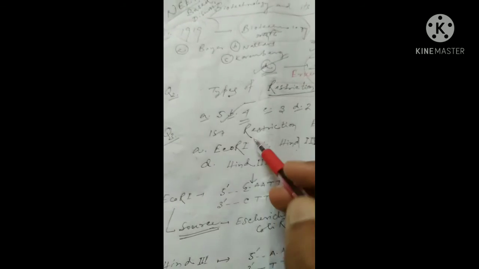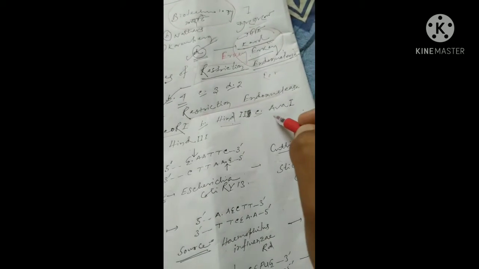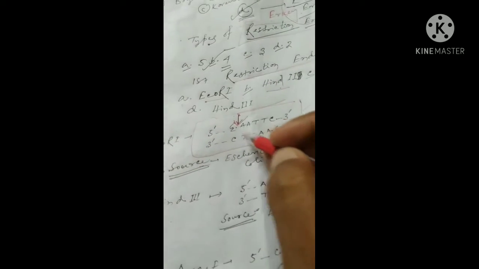So what is the first restriction endonuclease discovered? EcoR1, Hind2, Hind3, or AvaI? EcoR1, basically, we know the sequence 5'-GAATTC-3'. This is the recognition sequence, and the restriction site is at the G end, as we have seen.